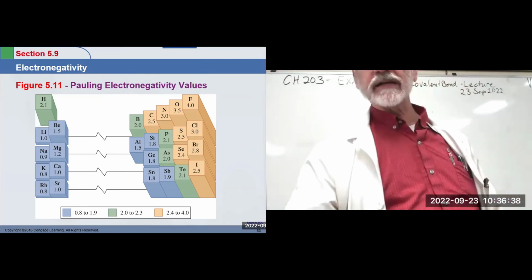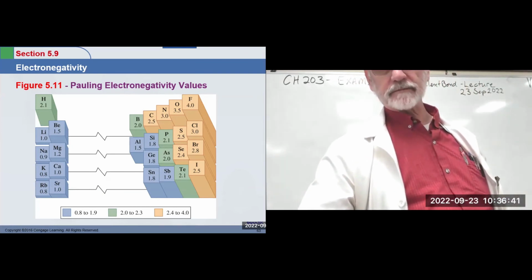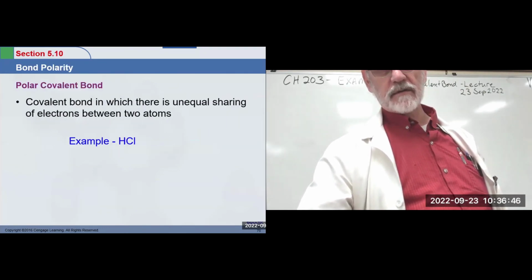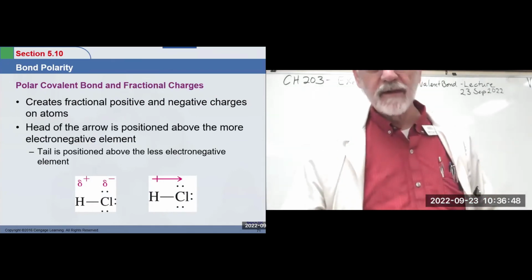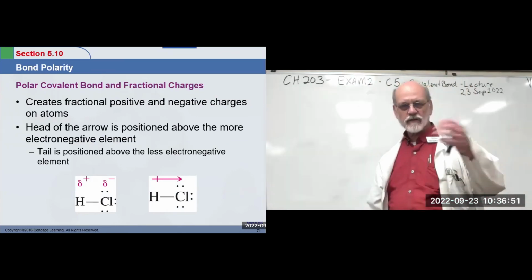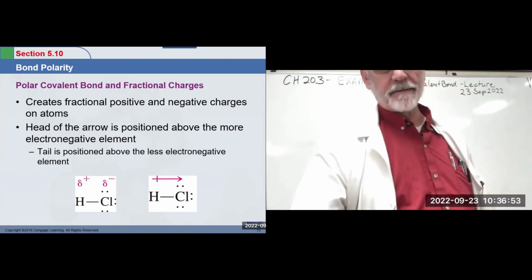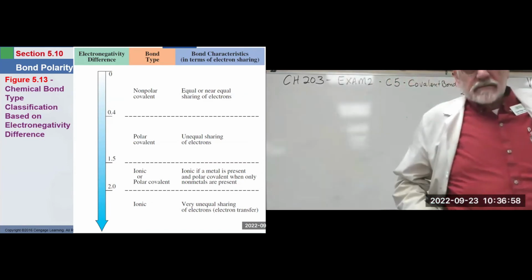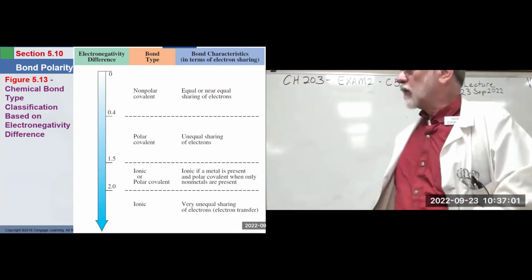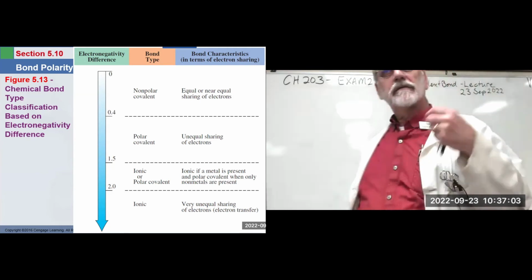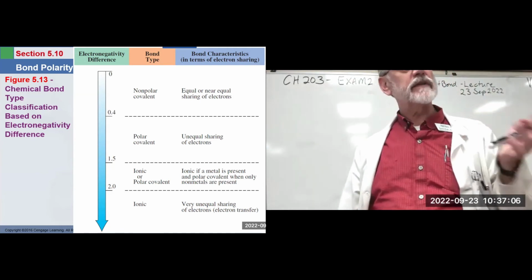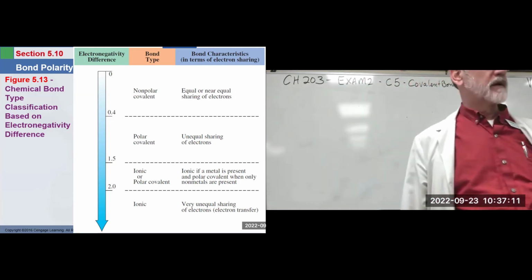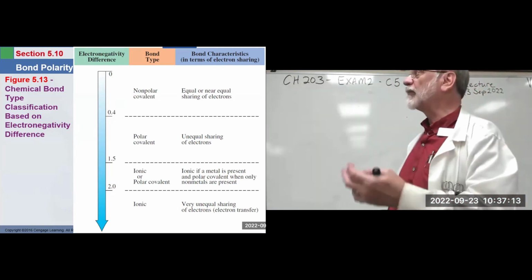Chlorine has the higher electronegativity. Let's go back down. There you go. And that shows the notation that I was using earlier. Yeah, okay. So if you subtract the electronegativities of the two atoms in the bond, and the value is less than 0.4, we say that is a non-polar covalent bond.